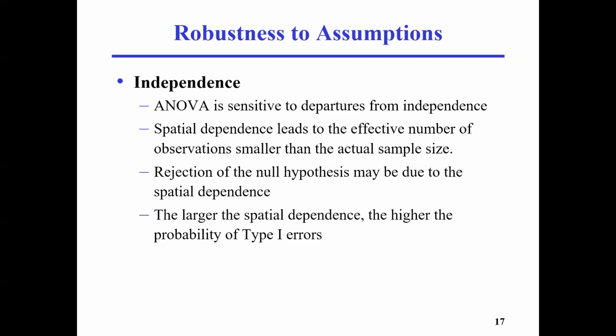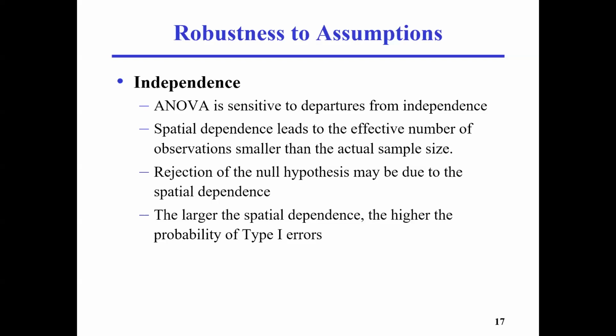You want to make sure that you are collecting fewer observations from the 3 communities than from other communities because, like I said, some of these observations are not effective. They are affected by a third party. So this is independence. So ANOVA is very sensitive to this.